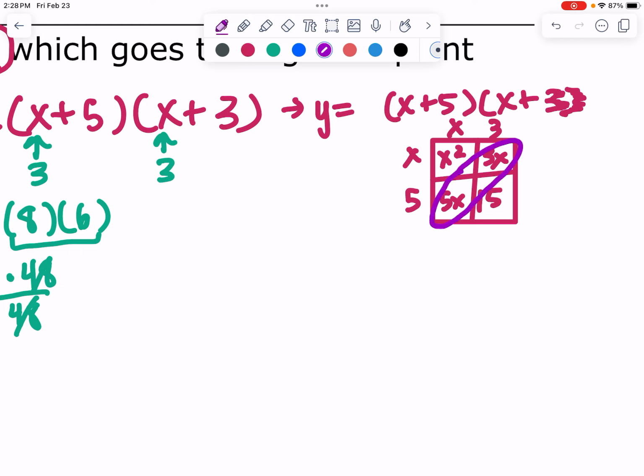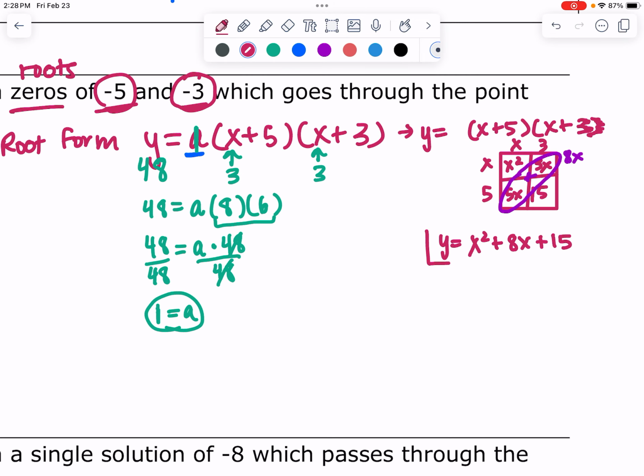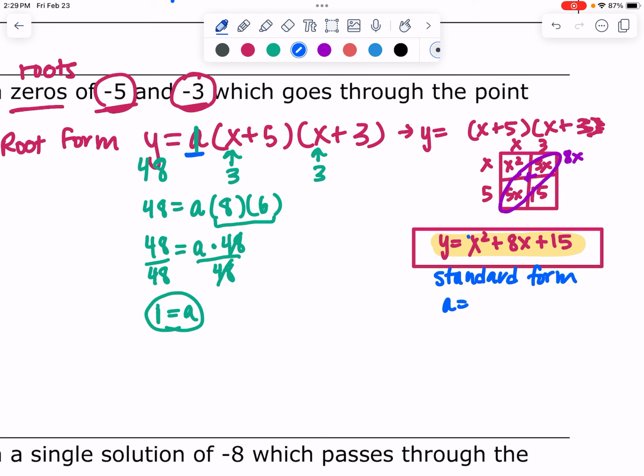Combine our like terms, we get 8x. And so our standard form would be x squared plus 8x plus 15. And that would be our final answer. So A would be 1, B would be 8, C would be 15.